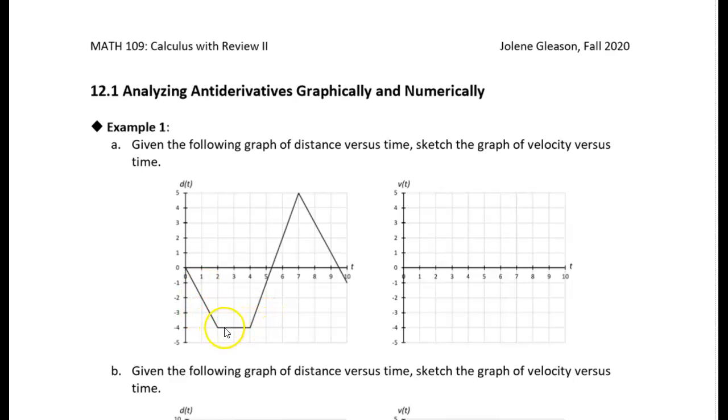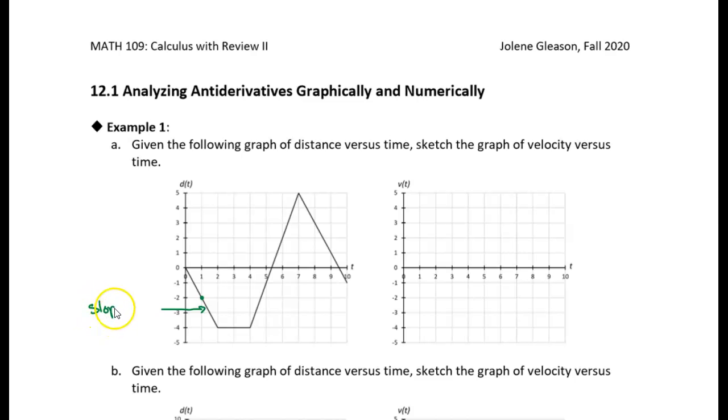It's a piecewise linear curve, but I'm just going to look at the slope in order to graph the velocity. If you look at this first segment from 1 to 2, it looks like my slope is down 2 and over 1. So I'm going to say that the slope here is -2.